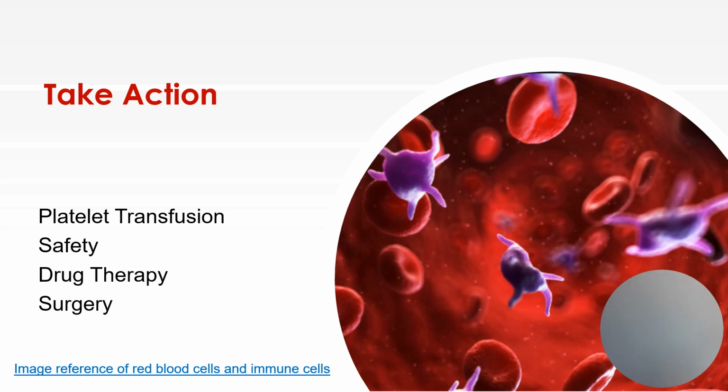There are some drugs that can suppress the immune system that would help prevent the destruction of these platelets, such as corticosteroids. We may also give some immunoglobulins, but there's several other immunosuppressants available. And remember, when we give immunosuppressants, one of the main complications is that these clients are now at high risk for infection.